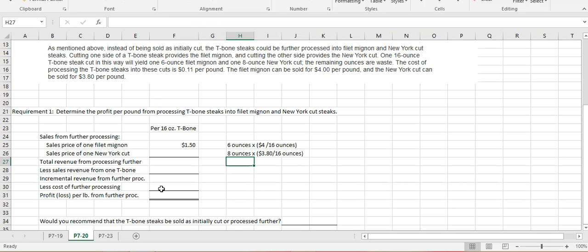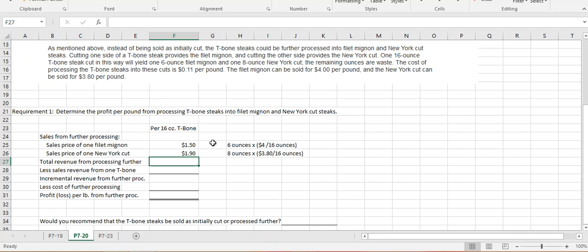That's the formula that I'm using. $3.80 divided by 16 ounces is 0.2375, or almost 24 cents an ounce, not quite. So 0.2375 times 8 ounces is like $1.90 for the New York cut.